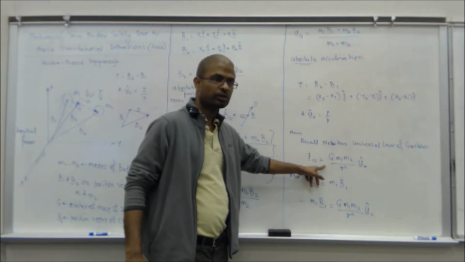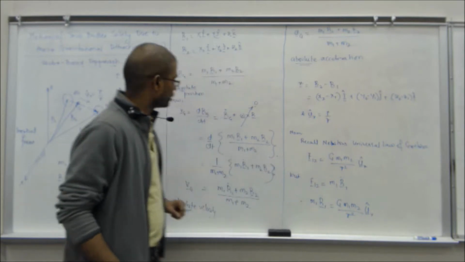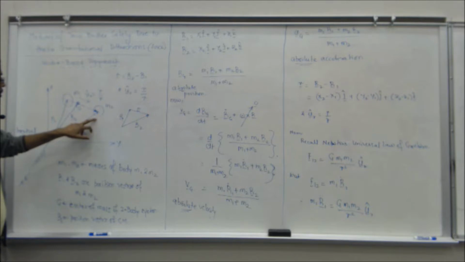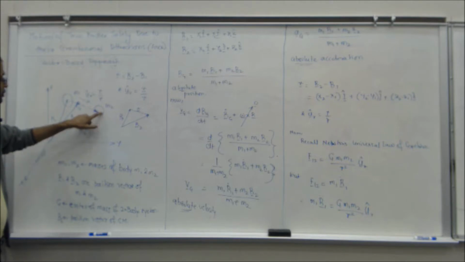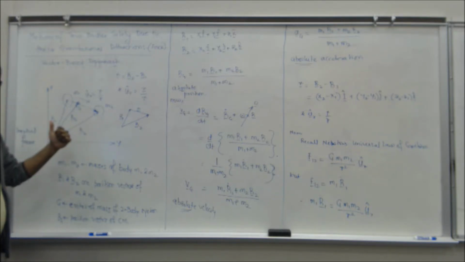Is everybody clear on this one? Can you repeat that one more time? So the force of attraction, if you're talking about body M2, of this body is in what direction? It's in the other direction.